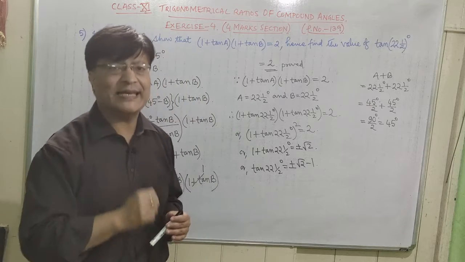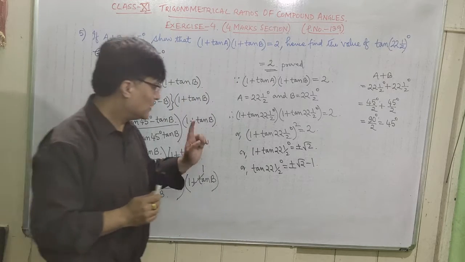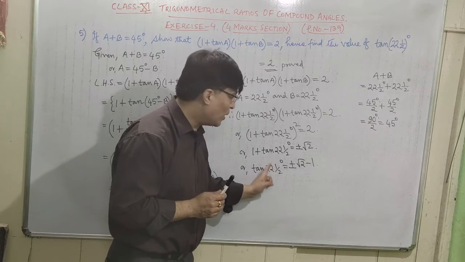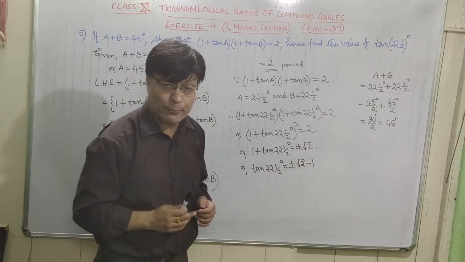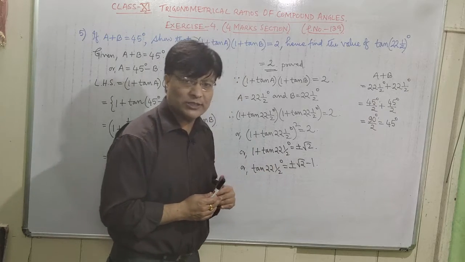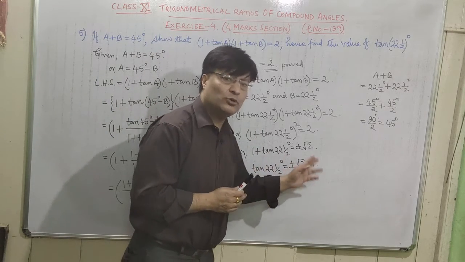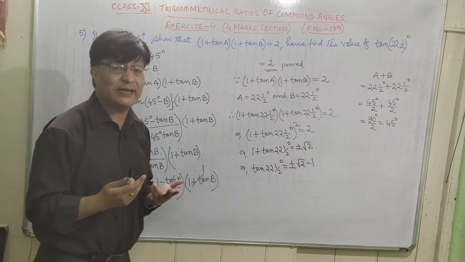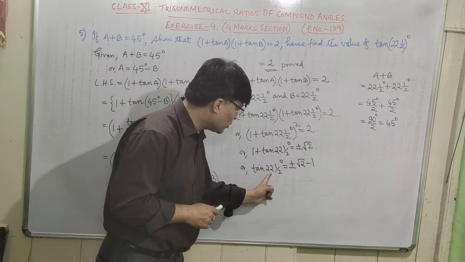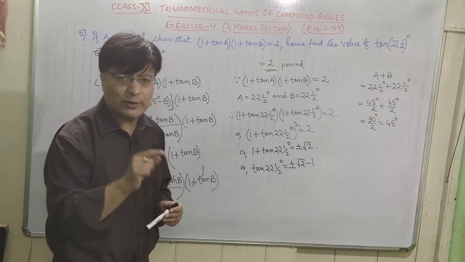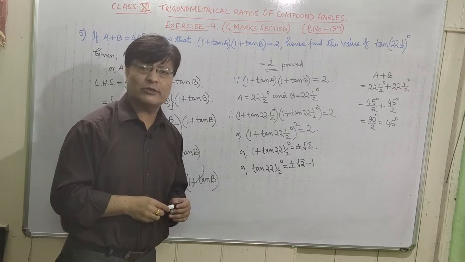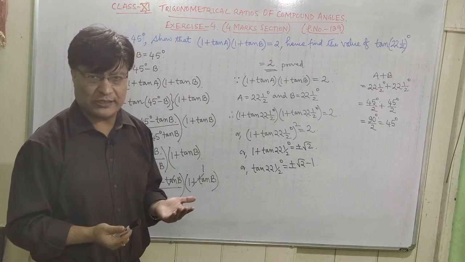But only one sign is correct. We have got two values of tan 22.5 degree here. One is root 2 minus 1, which is positive, since you know that root 2 is more than 1. So root 2 minus 1 is always positive, and minus root 2 minus 1 is negative. So which is the correct sign here? You know that 22.5 degree lies in the first quadrant, and in the first quadrant all the trigonometrical ratios are positive.